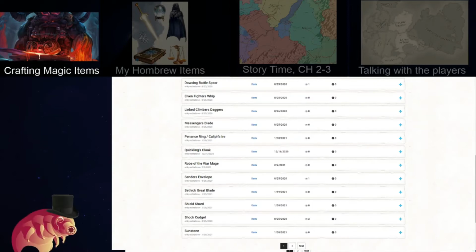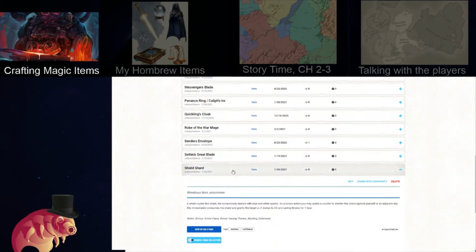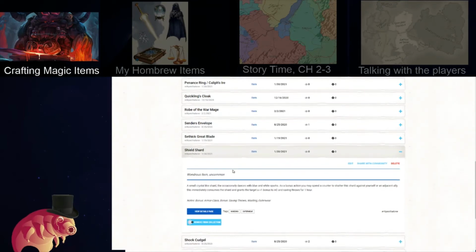However, I do know my player really wants to play around with min-maxing his AC, and is a little strapped for cash for affording something on the rarer side, like an amulet of protection. So this is where I worked on building a little special something that I called a shield shard.